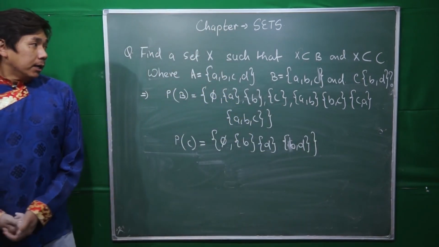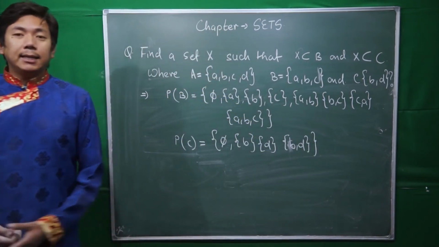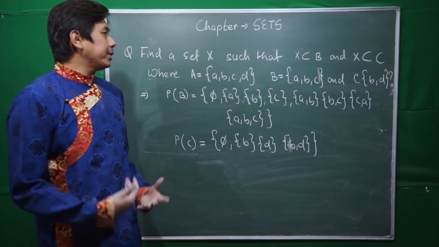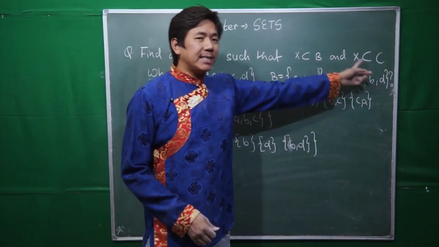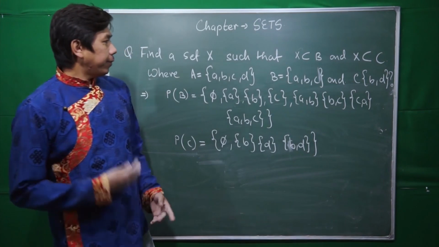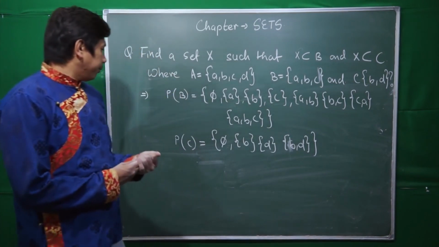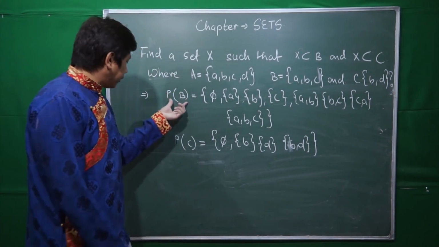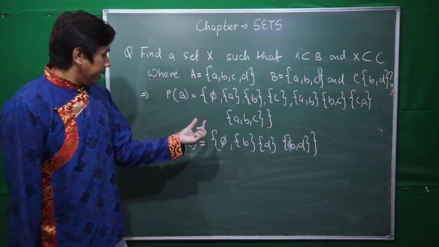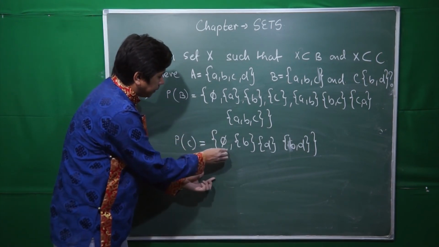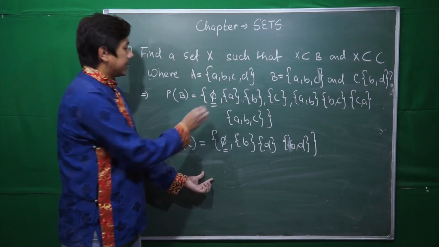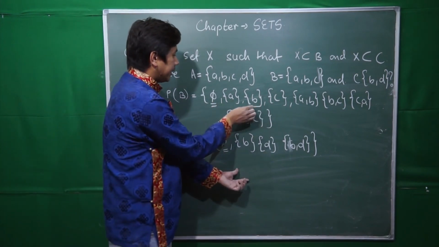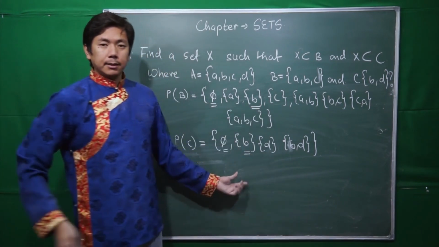Okay. Now this set X is a certain set whose elements correspond to both B and C. Alright. So to find that set X, we need to find the power set of B and C and then compare them. Comparing them, what we have in common is null set and set {B}. Simple.